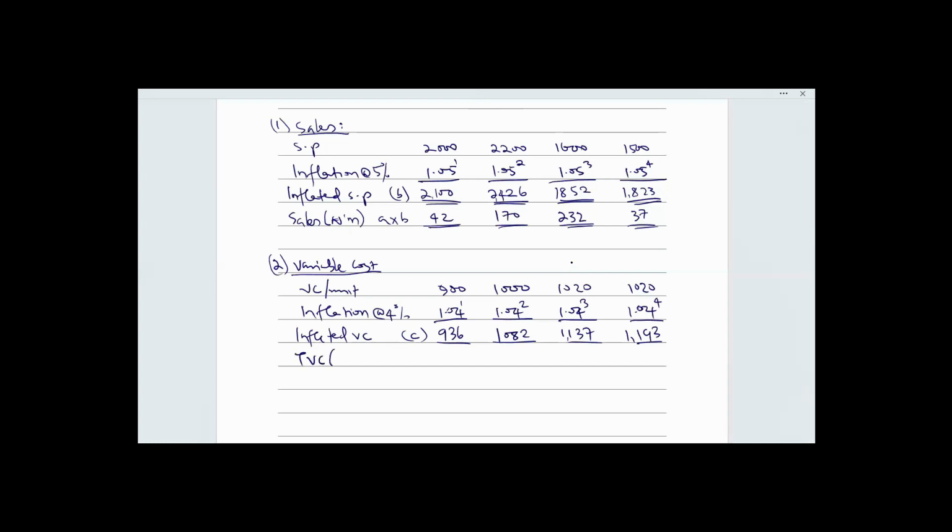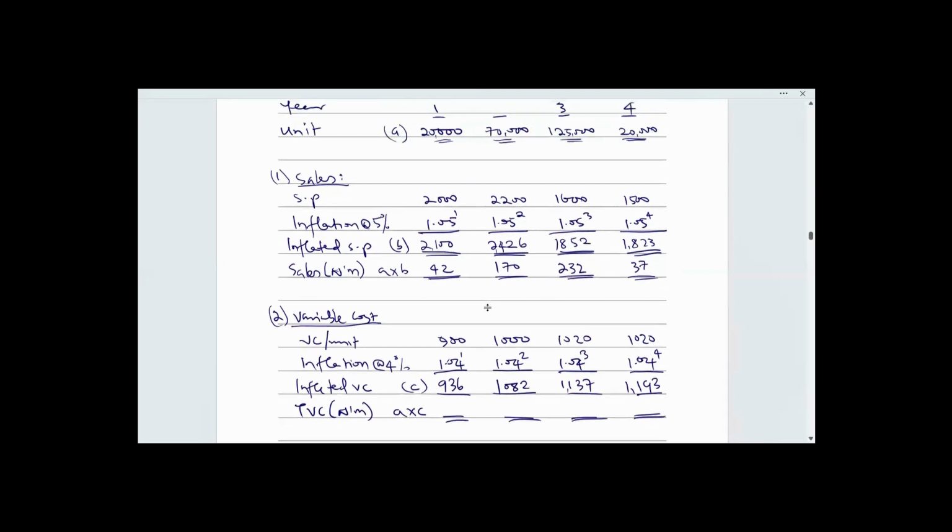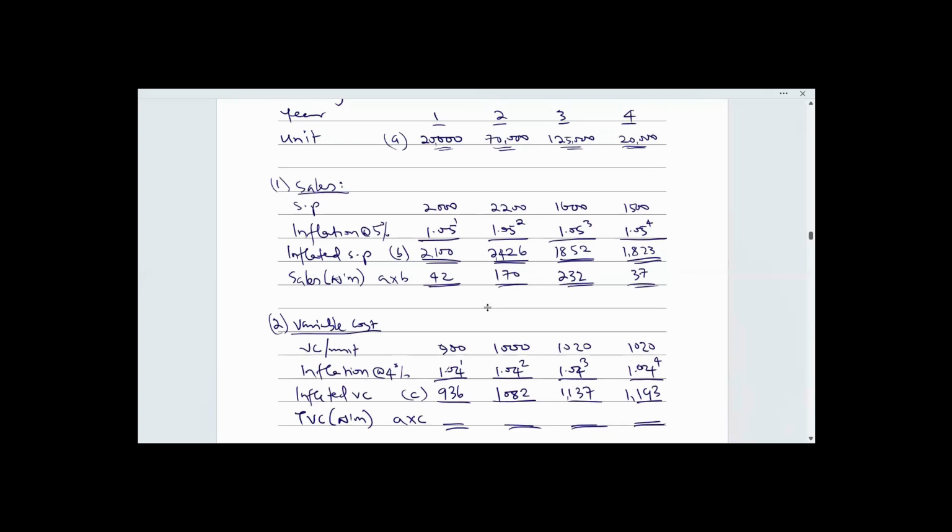Total variable cost in million, which is A multiplied by C: number of units multiplied by inflated variable cost. 20,000 multiplied by 936. What do you get? 18 million 720.